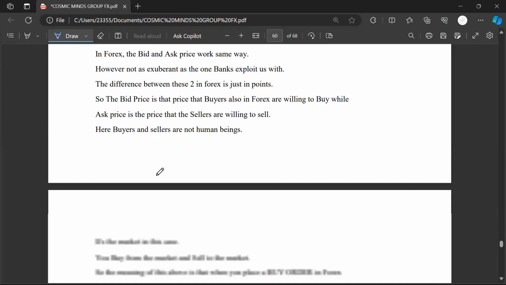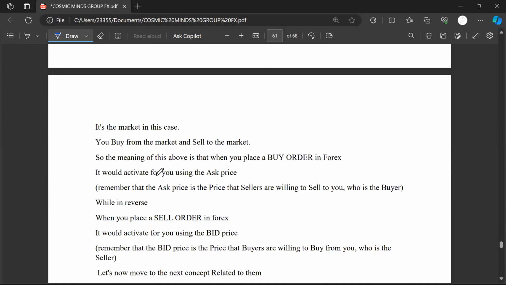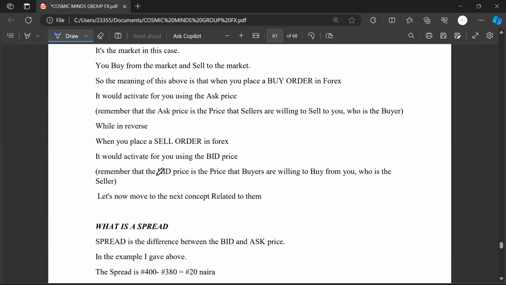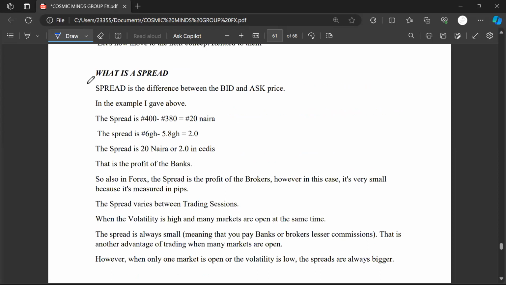There's nothing special about it. The same thing here in practical form: the spread that we just did, the difference between the bid and the ask price. Look at this example on the Naira and the cedis, and I think the ZAR also came somewhere.